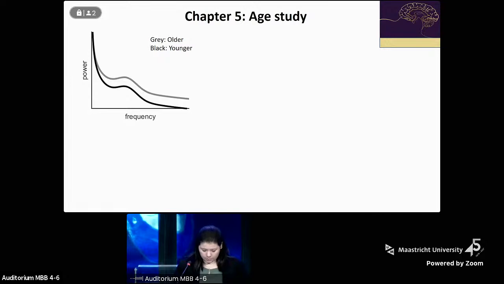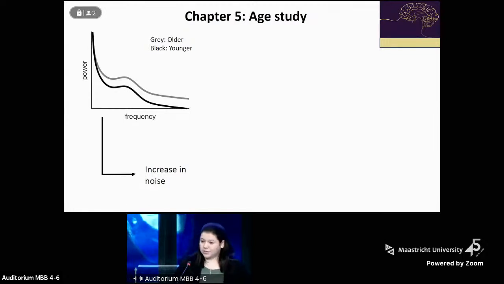What various authors have shown is that the older patients tend to be flatter, which you can see in gray, while the younger patients, in black, tend to be steeper. This seems to be different to what we found, and the reason the authors gave is that there is an increase of noise.